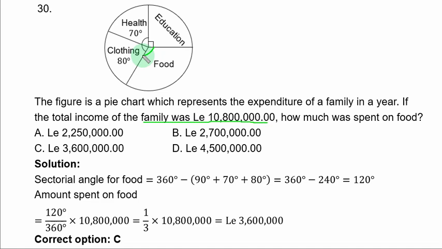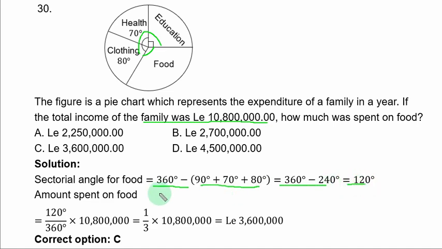So for food, you add these three together and subtract from 360. So you have 360 degrees minus 240 degrees, and that is 120 degrees.